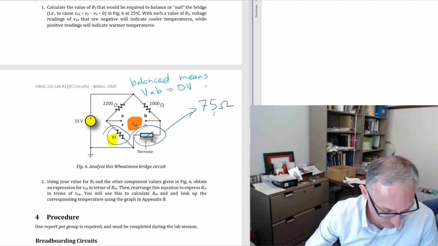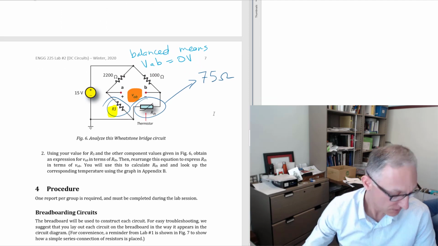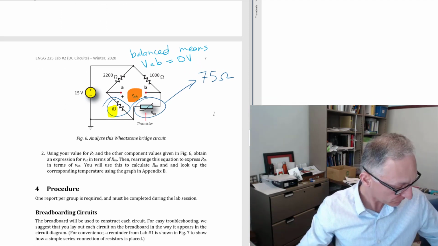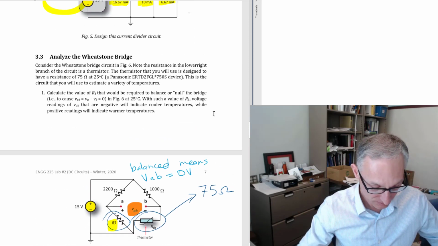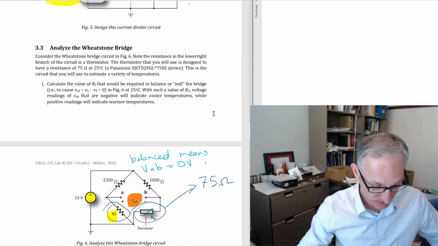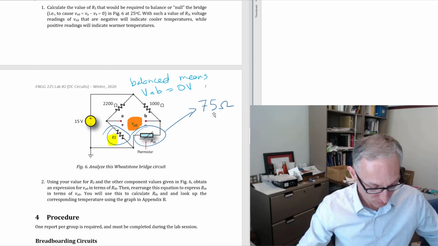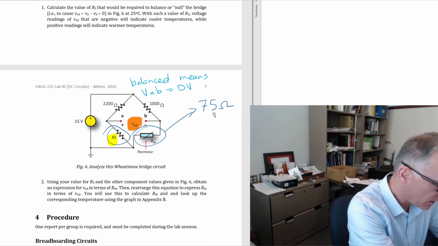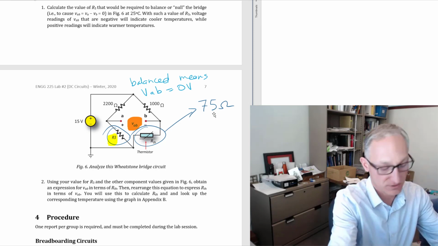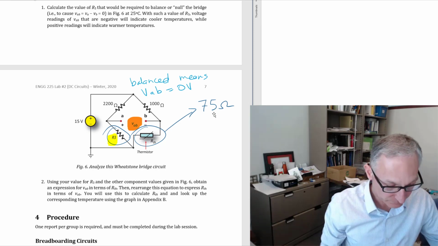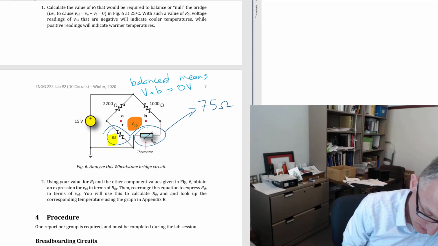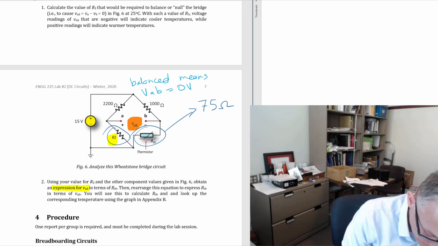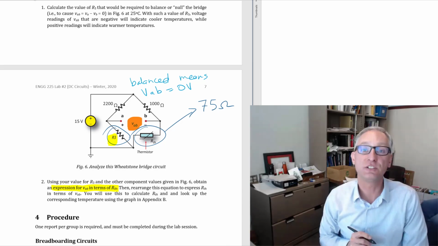So then let's keep going. Okay, so now here's a tricky part. What you're going to have to do is come up with an equation that looks like this. Right here, you have to obtain an expression for VAB in terms of RTH.